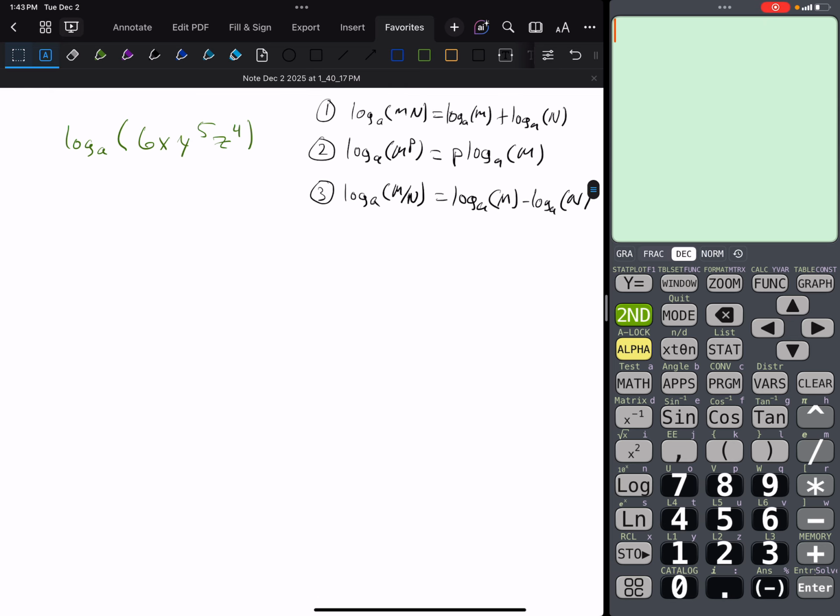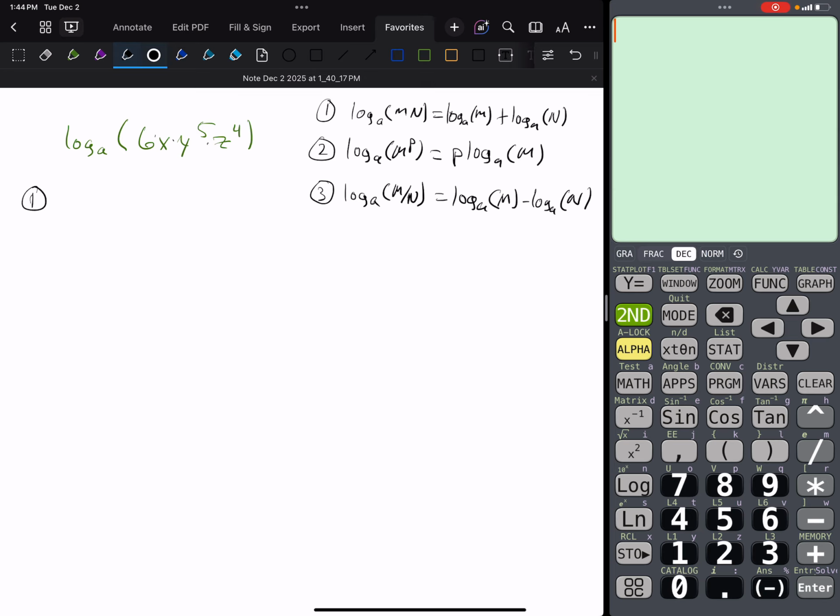And so what I want to do is take this log base a of this complicated thing, and write it as a sum of a bunch of different log base a's. Well, I can use that first law here, and I can say this is 6 times x, this is x times y, this is y times z.